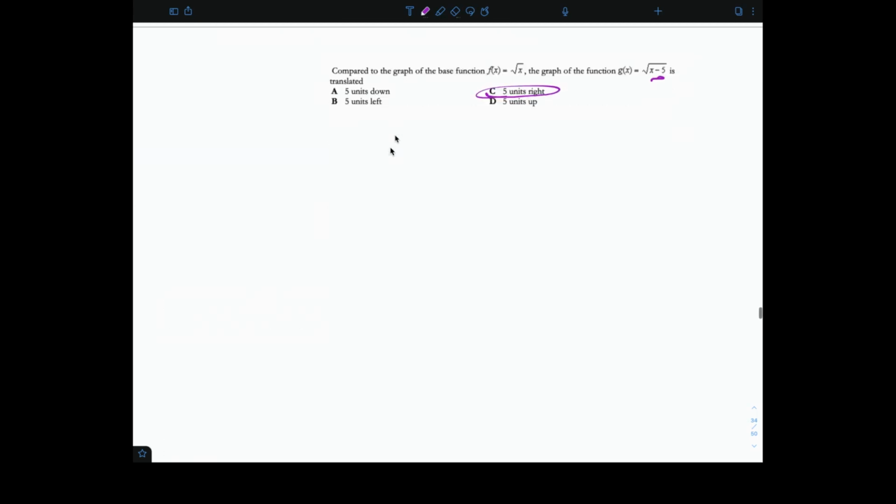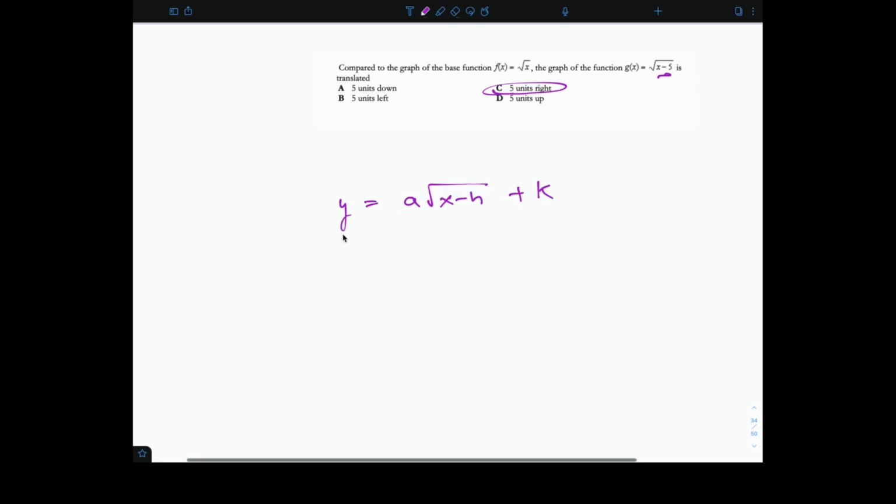One last thing about this, and it doesn't matter what the function is. I'll use the square root since that's the one here. Just want to stress that these are basically the rules that we said. So if the absolute value of a is greater than 1, it's a stretch, hugs the y-axis more.